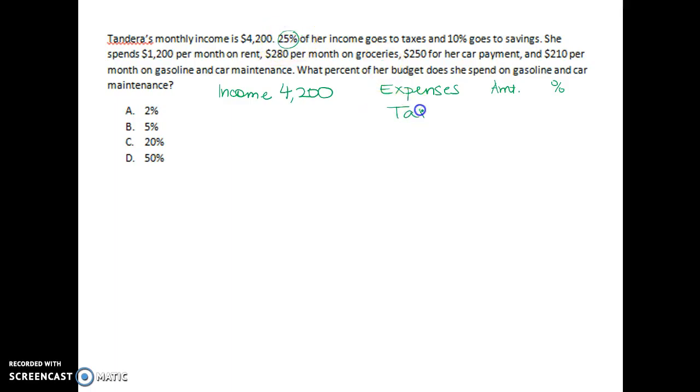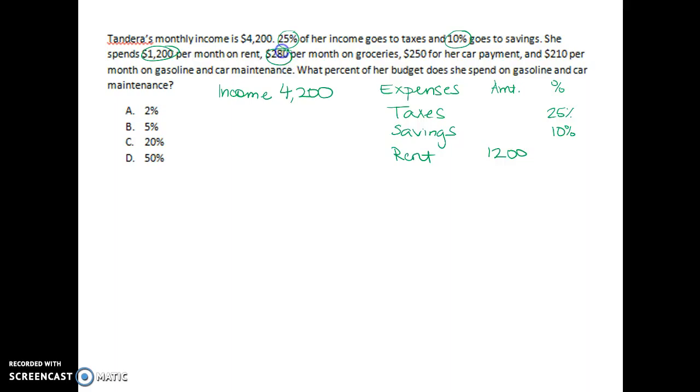So taxes, and that's a percent. So 25%. And 10% goes in savings. So savings is 10%. She spends $1,200 a month on rent. So rent, and I have the amount, so $1,200.